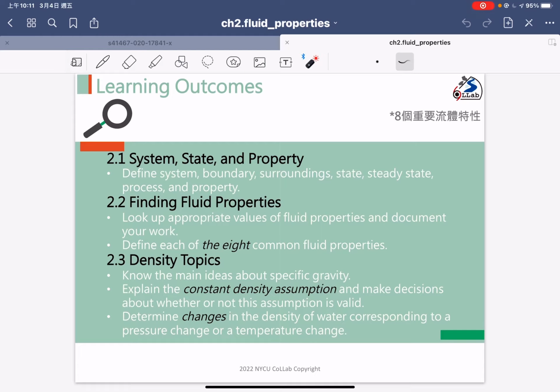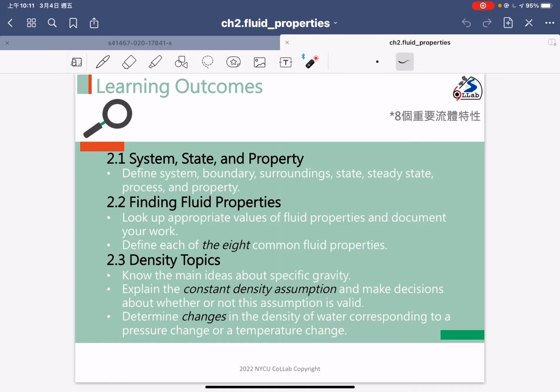In chapter 0.1, we are focused on system and the state and the properties. Because when we have problems, we need to understand what kind of system we have, okay? So we need to define the system first, and then we try to understand what is the state.